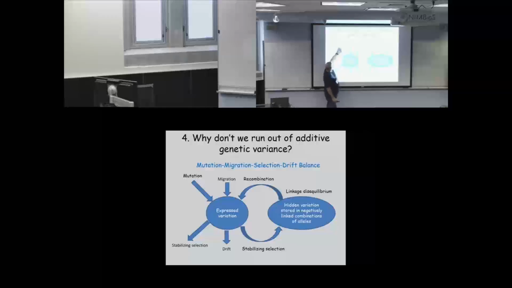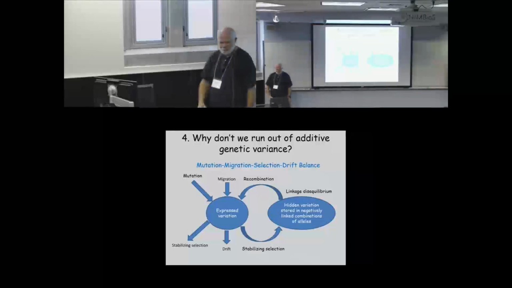So mutation isn't the only source of new variants coming into the population. And also in finite populations, we're losing things by drift. So when we think about what maintains genetic variation in the population, the long-term equilibrium is probably a very complex process involving all those kinds of factors.